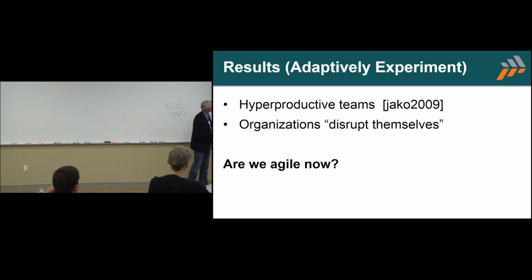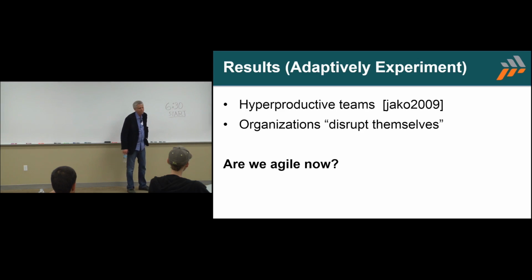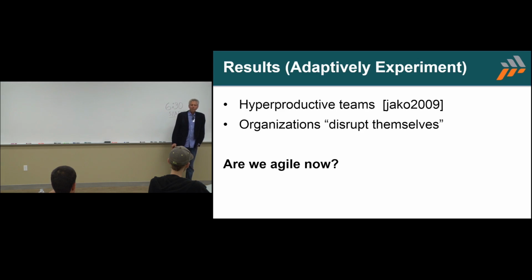The result of doing that is that you can go hyper-productive. This is a great paper by Karsten Jacobson, from Systematic Corporation, based in the Netherlands. Their company was CMMI-5, a highly controlled company that produces software.